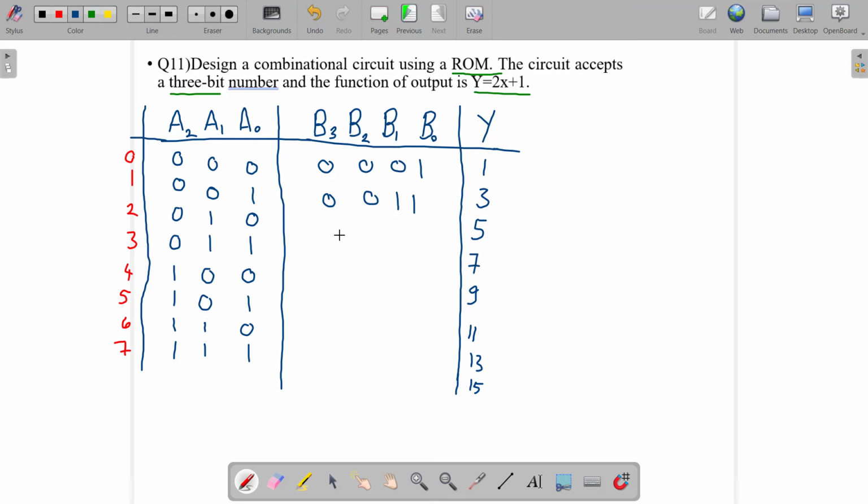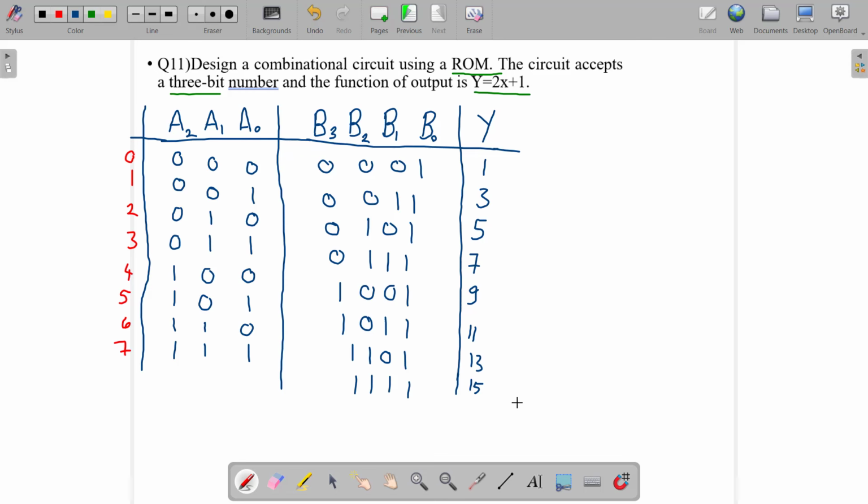In the case of the 5, we have this one. For the 7, we have something like that. For the 9, we have this one. For the 11, we have this one. For the 13, and also 15 is something like that.